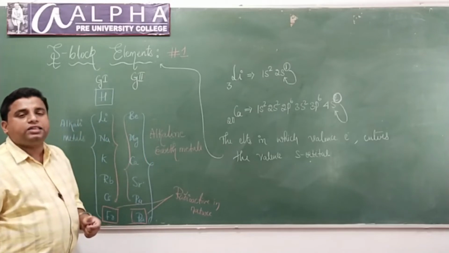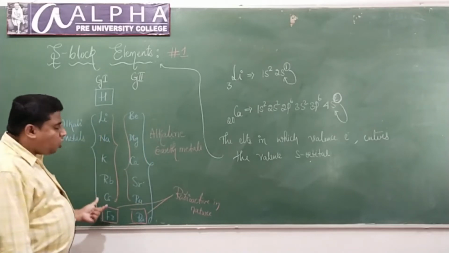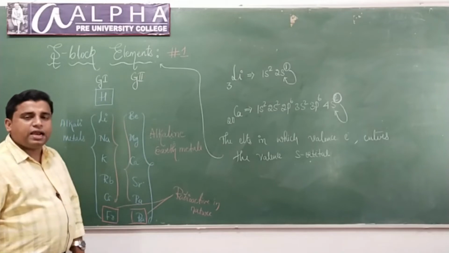Now, why are group 1 elements called alkali metals and why are group 2 elements called alkaline earth metals?